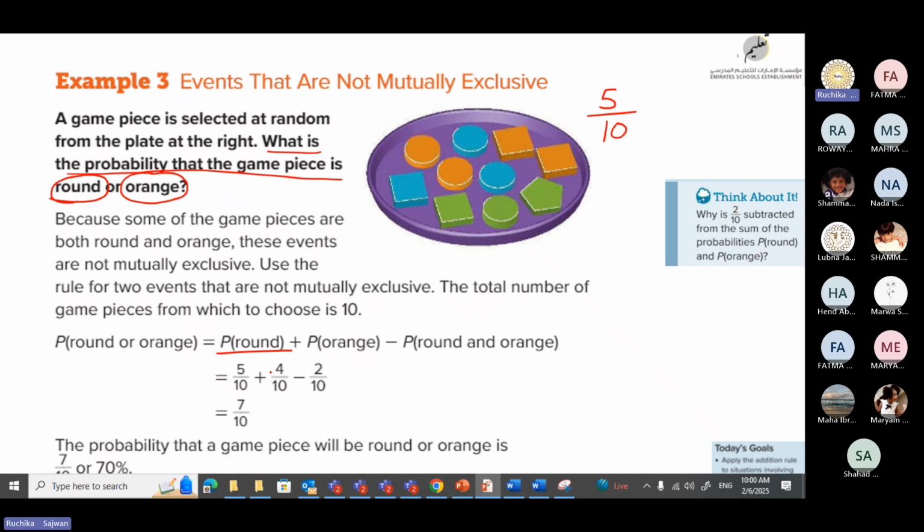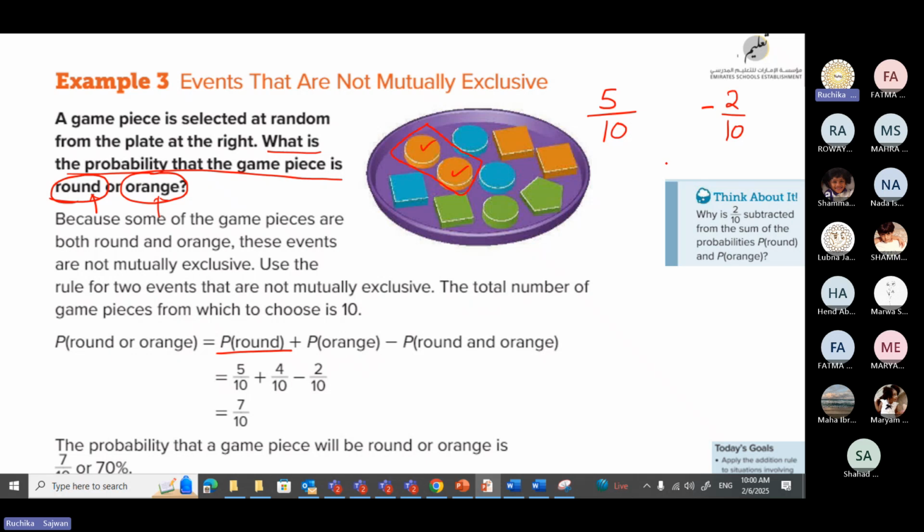Can I say these two events are not mutually exclusive, round and orange? Do you see something which is round and orange also? What's the common outcome? How many? Do you notice this? 2. So these two are common. So 2 out of 10 is the common part which I'm going to subtract.